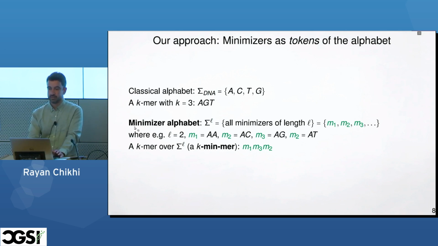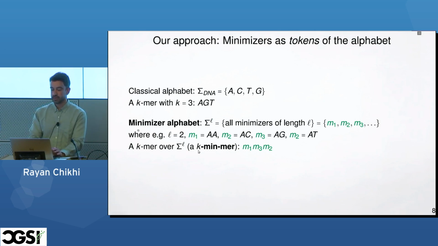But now, if we fix alphabet sigma to the power of L, as a bit of an abuse of notation, we consider that it is all minimizers of length L. And we can enumerate them. So M1, M2, M3, and so on. So in this example, where I take L equal to 2, let's say that M1 is AA, M2 AC, M3 AG, and M4 AT. Then a k-mer over this particular alphabet is a succession of minimizers.